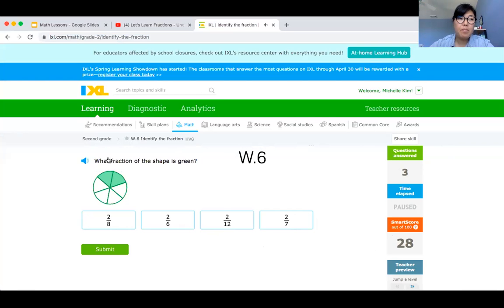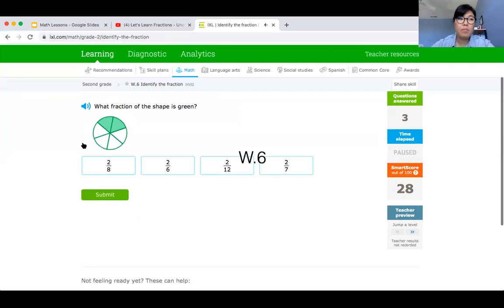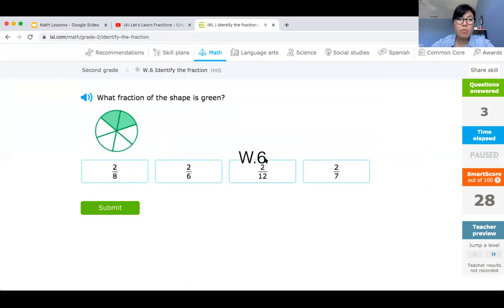What fraction of the shape is green? This is a circle, and this is a whole circle. Then how many equal parts did they break it into? 1, 2, 3, 4, 5, 6.